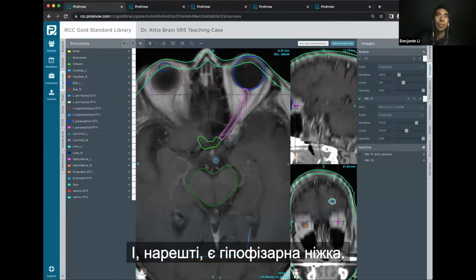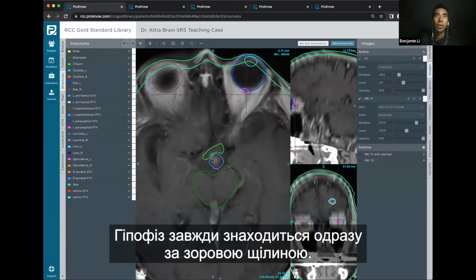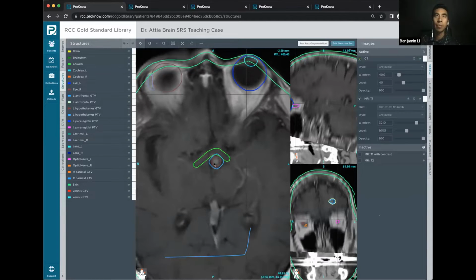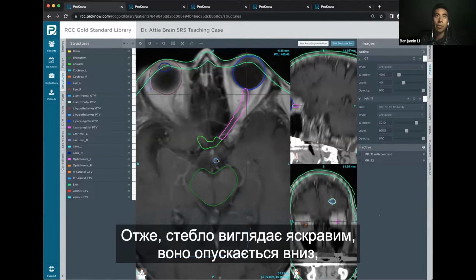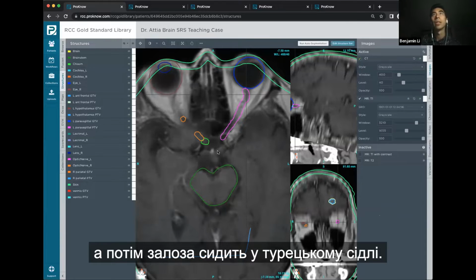So lastly, there's the pituitary stalk. The pituitary is always right behind the optic chiasm. The stalk appears bright and it goes down, and then the gland sits in the sella.